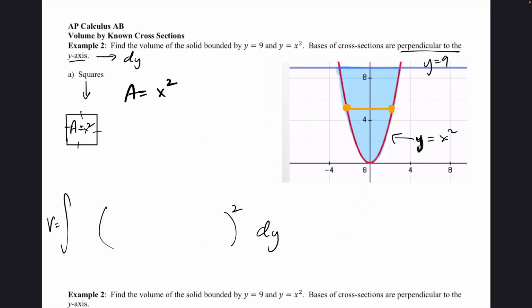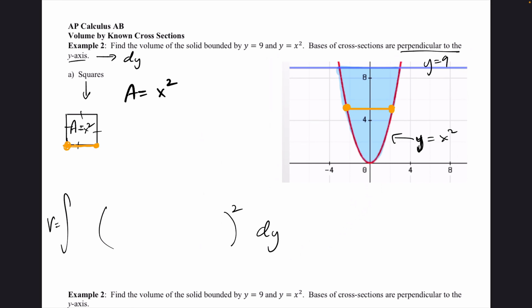It's all the parabola, because that's where the side goes from here to here. But if I go x squared minus x squared, wouldn't that be 0?